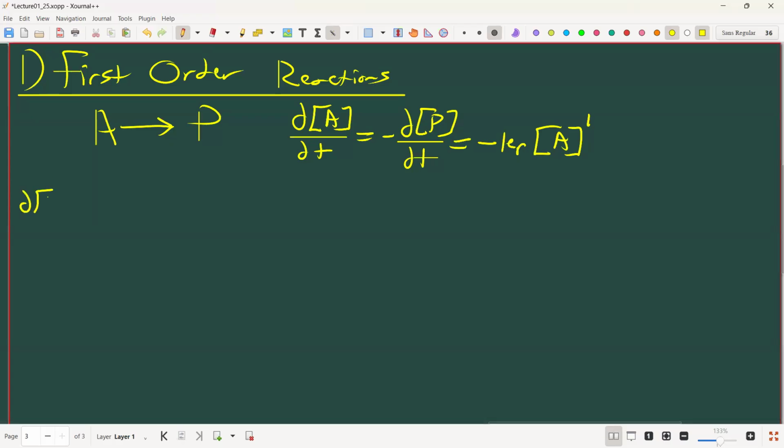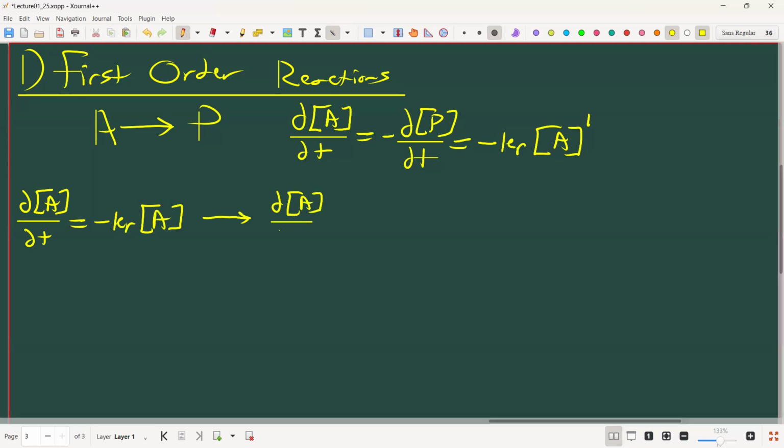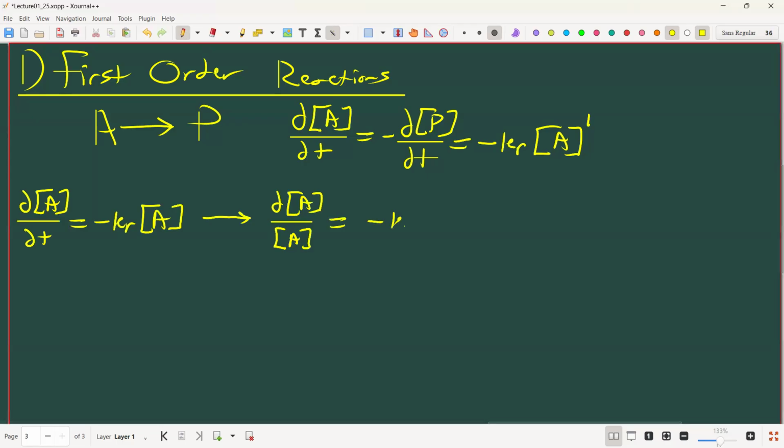So we start with really, really simple math. We start with this expression, and I'm going to rearrange this. So now I have dA over the concentration of A, which is equal to minus Kr times dt.